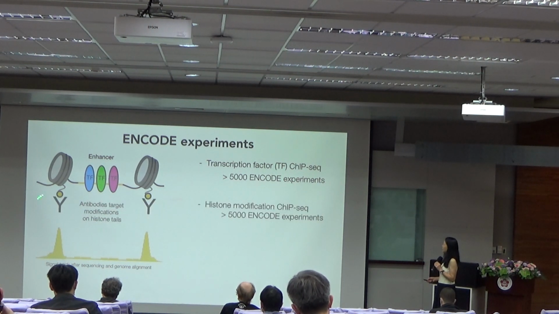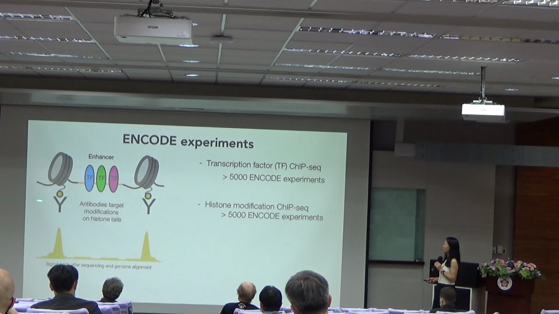Also, the same technology can be used to probe histone modifications. These histone proteins' N-terminal tails can be covalently modified in many different ways, in many positions: phosphorylated, acetylated, methylated, ubiquitinated.